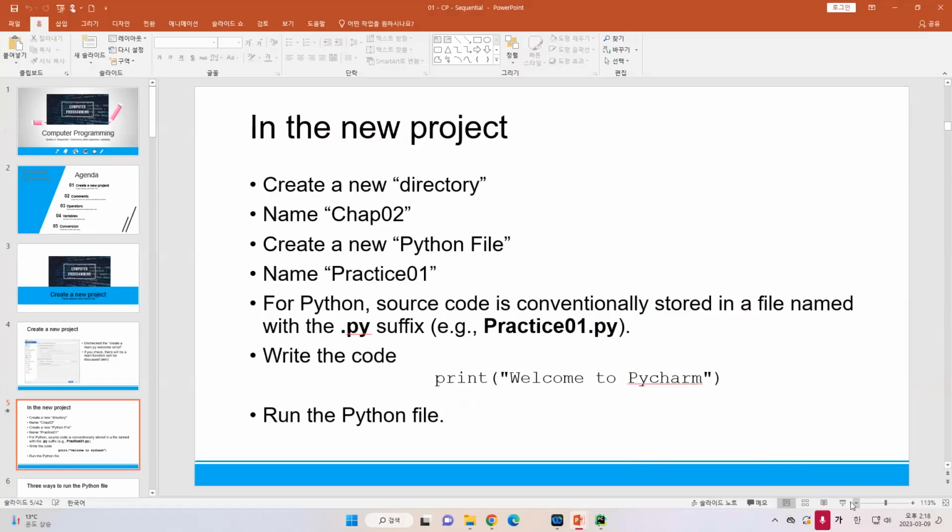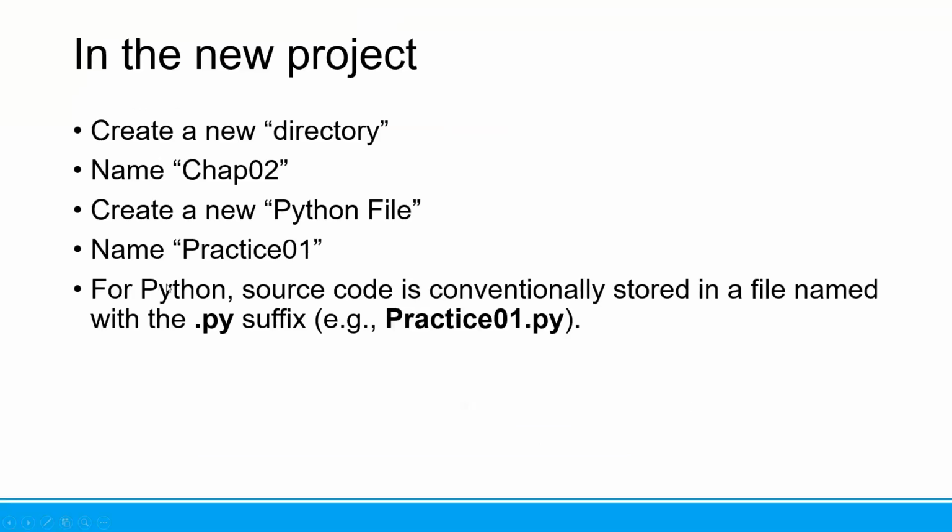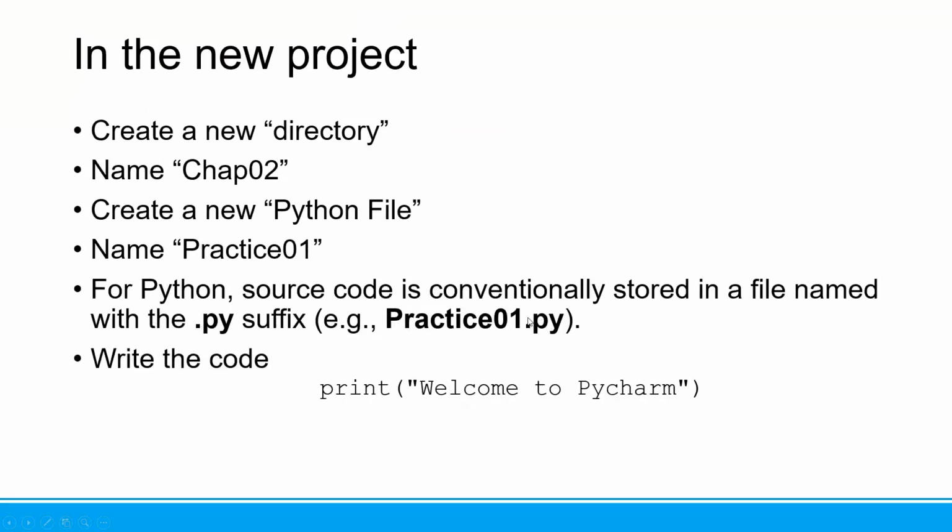So for Python, the source code is conventionally stored in a file name with the .py suffix. So if the file name is practice01, then the full file name will be practice01.py.